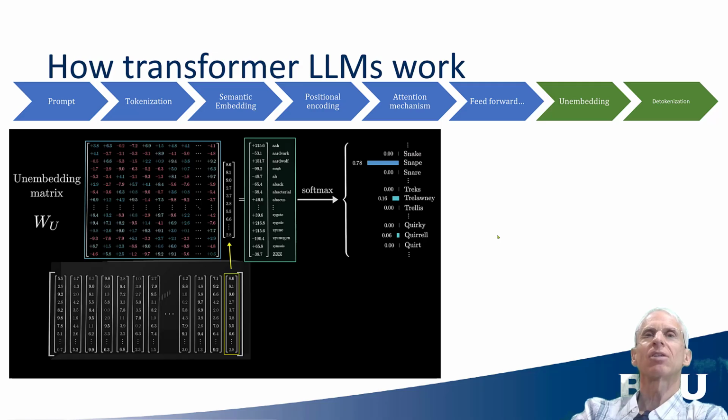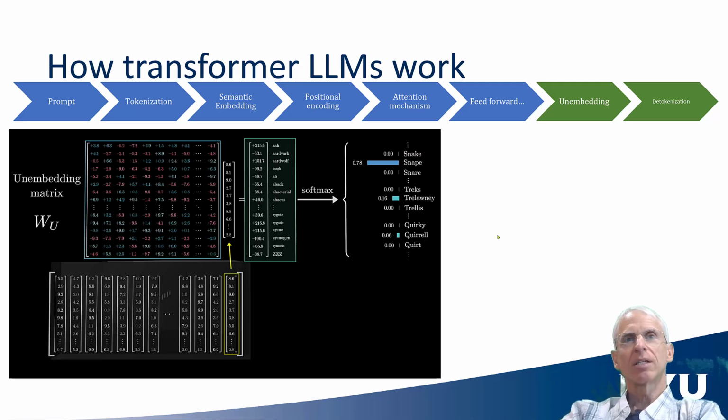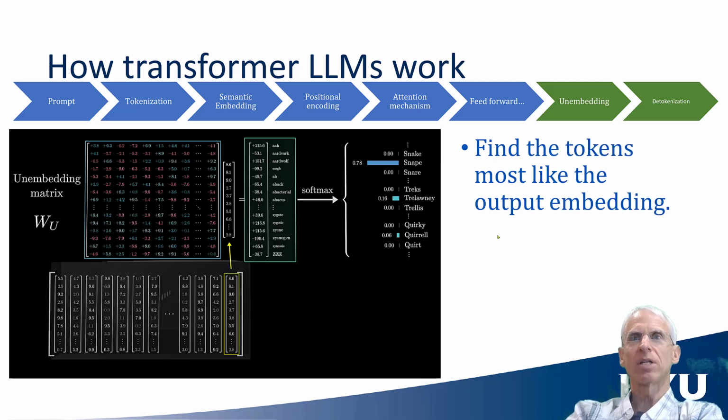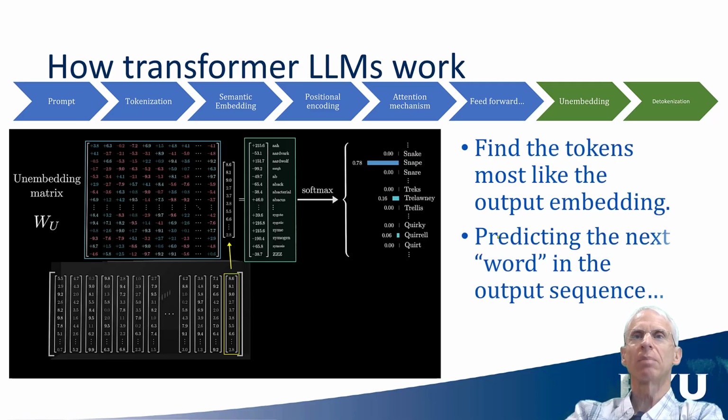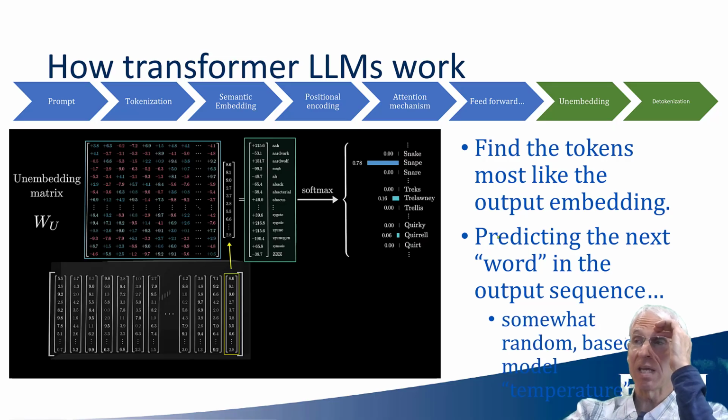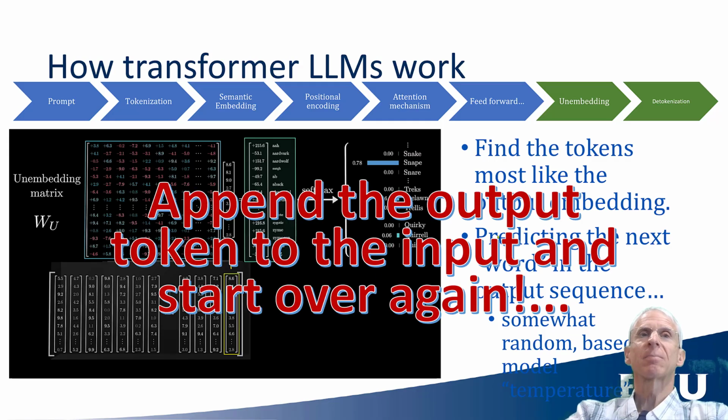I don't think that Trelawney actually represents a token there, so that's kind of a little deceptive here. But anyway, you're trying to predict tokens, is what the goal is. Find the tokens most like the output embedding. So we do the unembedding, and then the detokenization is to basically give us words, because we like words as humans.